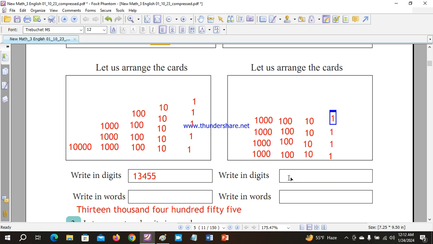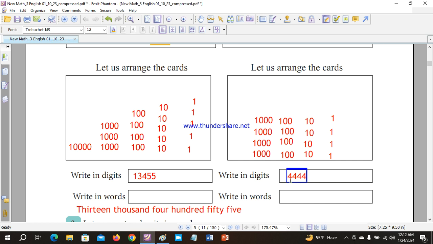Write in digits. In the thousands place 4, hundreds place 4, tens place 4, and ones place 4.